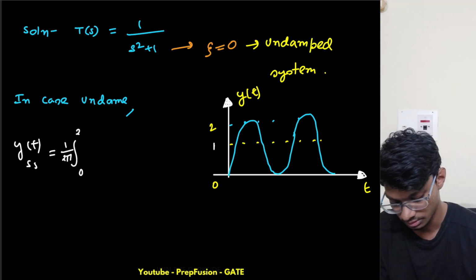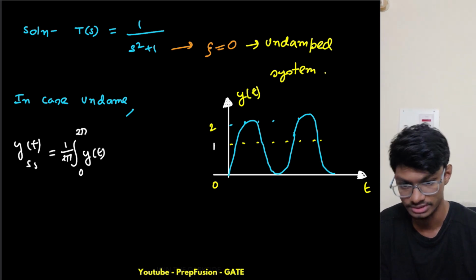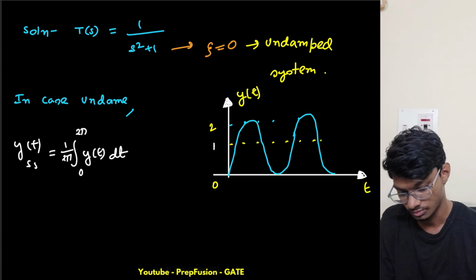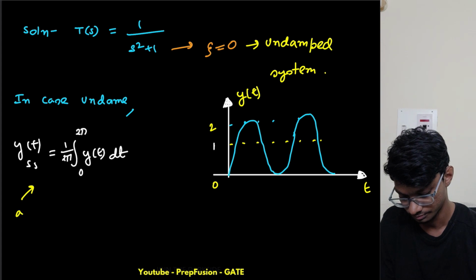So this is the average of y of t over a cycle, basically, into dt. This we have to assume.